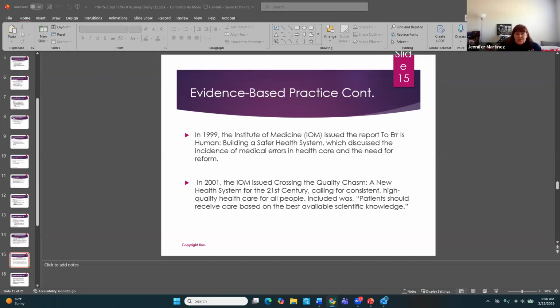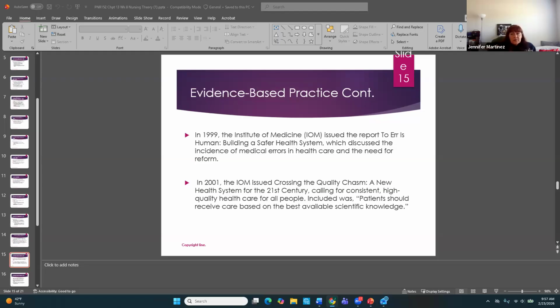Not really the individuals. And so within that report, it identified a bunch of different areas, things that could be fixed, to try to improve, I guess, and prevent some of these deaths that were occurring.